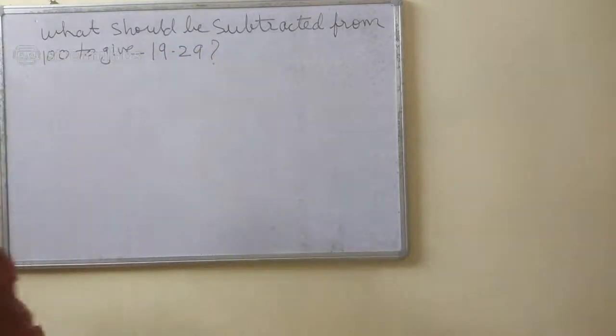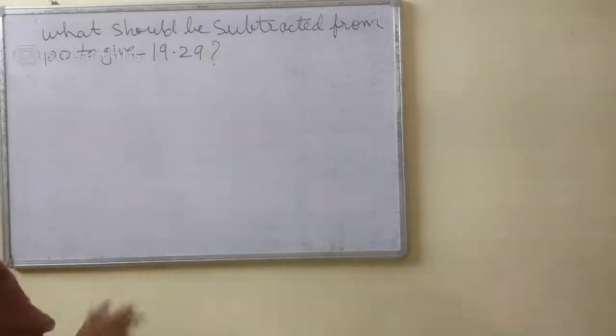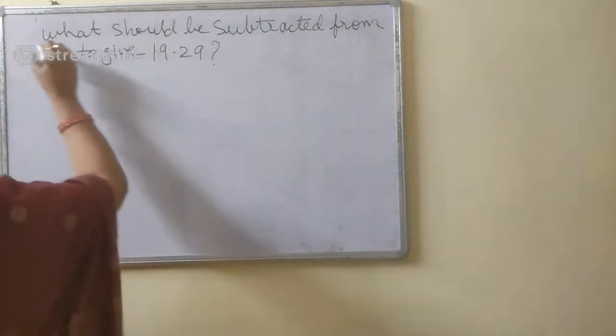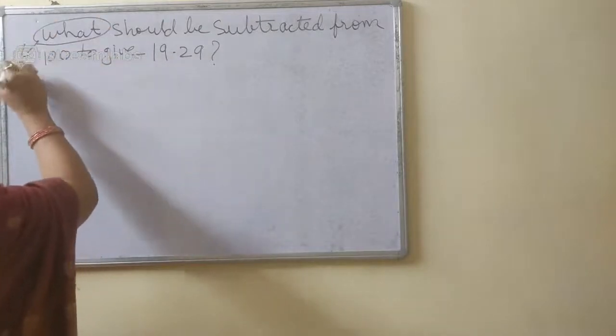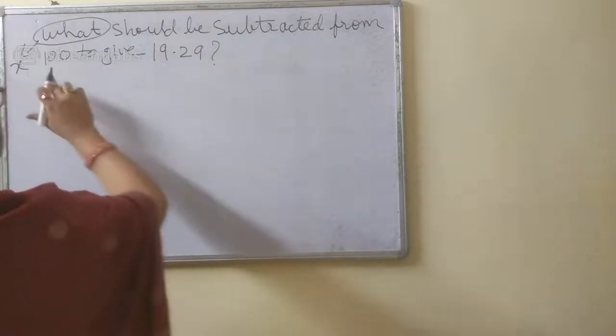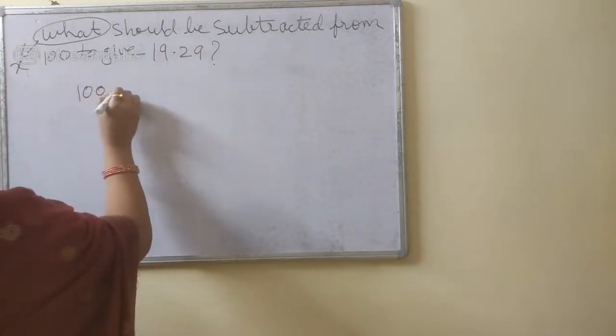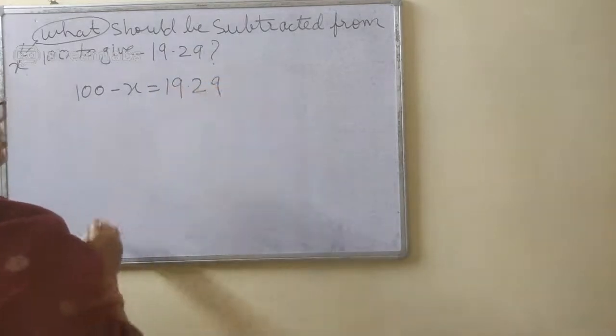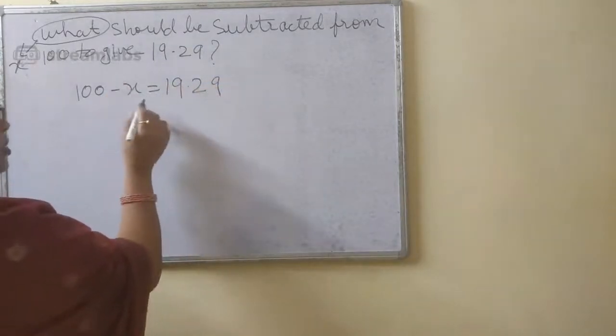Okay. What should be subtracted from 100 to give 19.29? So what should be subtracted from? What means what? What means again take x. So x should be subtracted from 100. So it means 100 minus x is equal to 19.29. So x, we have to find out the value of x.